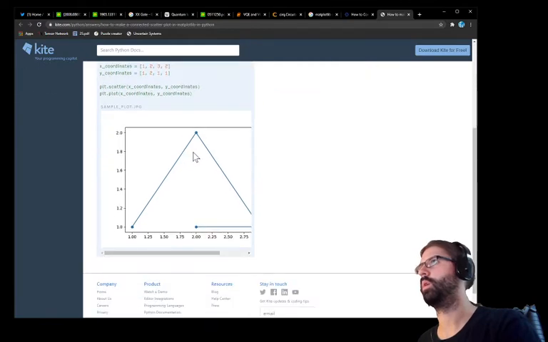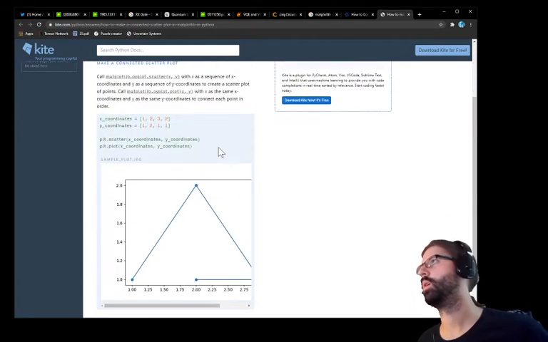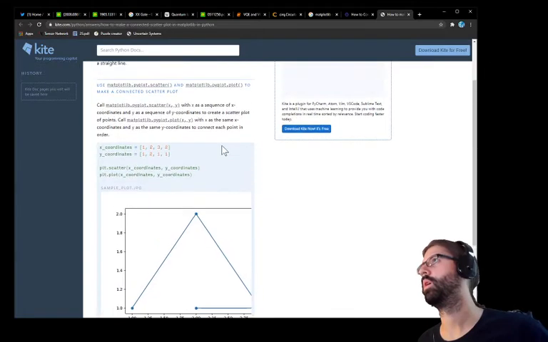Yeah, that's all I want. Call matplotlib scatter plot with X as a sequence of X around this.